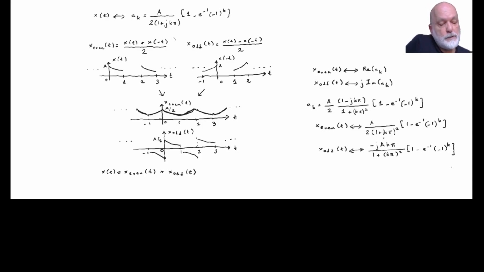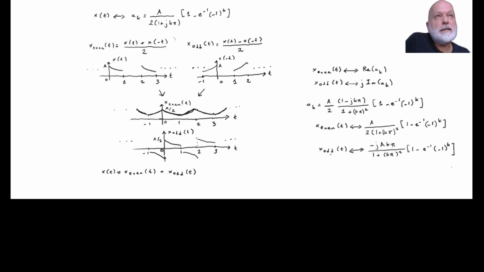The Fourier series coefficients of the even part decay, in other words, more rapidly as k tends to infinity than the Fourier series coefficients of the original signal, which has discontinuities, and also the odd part of the signal, which again contains discontinuities or jumps from one value to another value.